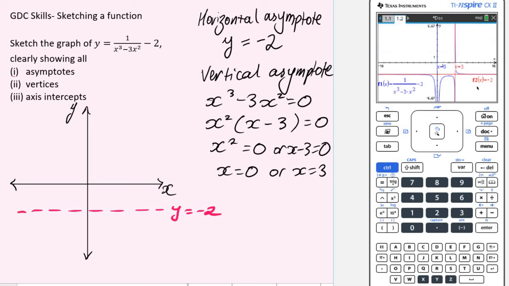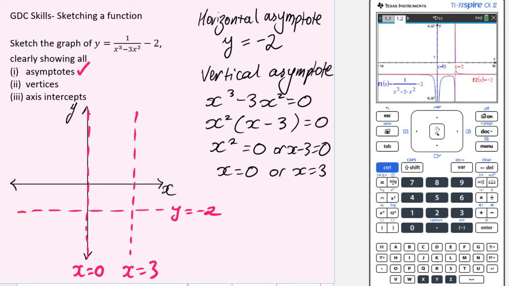And yeah, that actually looks like it is correct. So we can mark in these vertical asymptotes at x equals 0, so the y-axis, and, remember it's a sketch, so accuracy isn't so vital, at x equals 3. So we've got our asymptotes sorted.